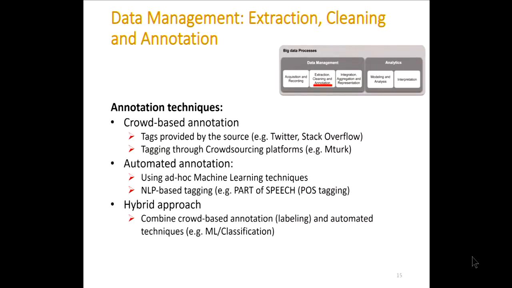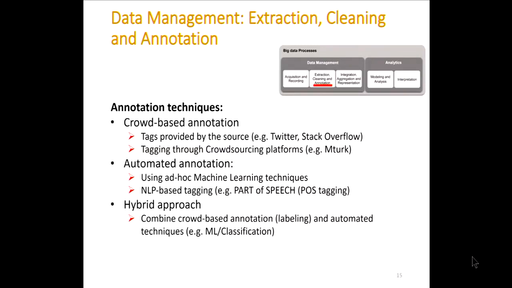Annotation techniques differ depending on the situation and the type of data. So there is crowd-based annotation, which mostly relies on people to do the annotation, to do the tagging. Just like with Stack Overflow, when you're creating a post or a question, you say this question is about Python and machine learning.